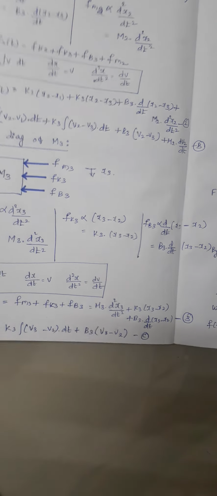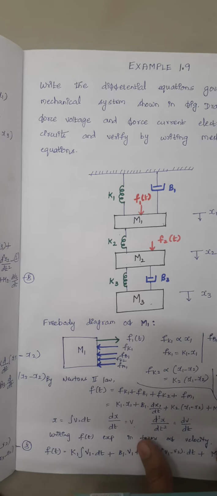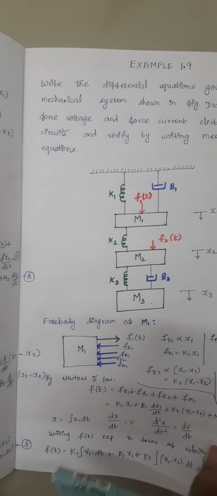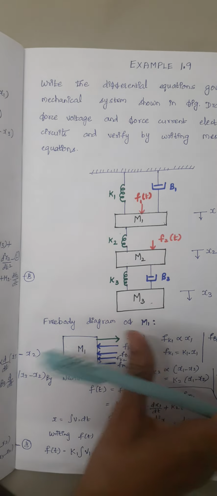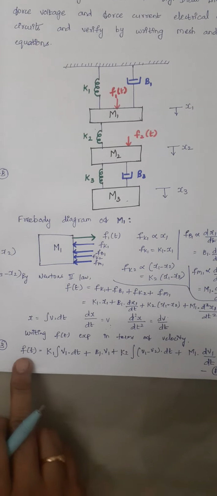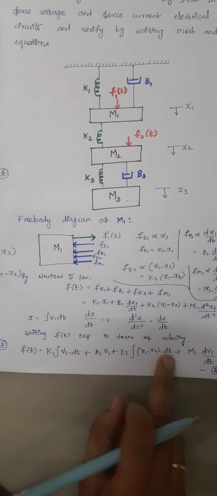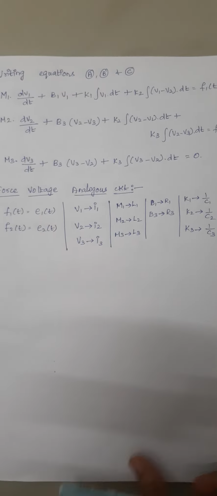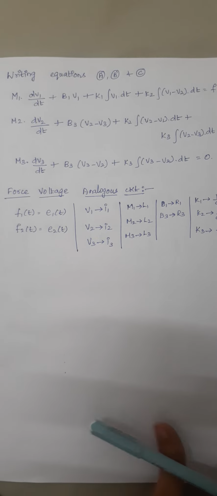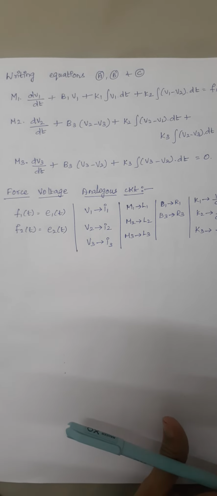The next step is to draw the force voltage and force current analogy. For drawing this, we should have these expressions in terms of velocity. So here I have written all 3 expressions which we got from the 3 free body diagrams.